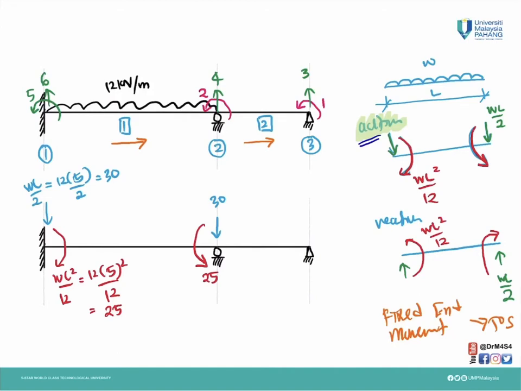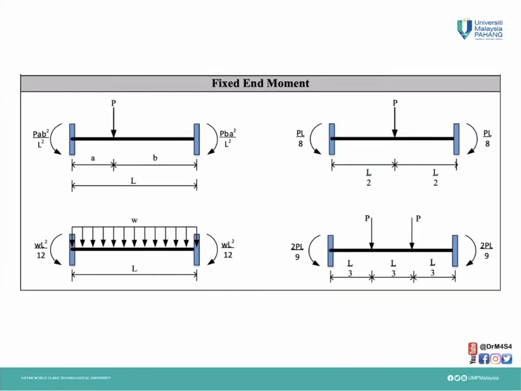And on member 2, there's no external force such as UDL or point load. If you do have a point load, you have to calculate what is action due to that point load. To do that, you have to refer to the table for fixed end moment and refresh what you had learned for fixed end moment in TOS previously. So in here, I just copy from textbook for the fixed end moment.